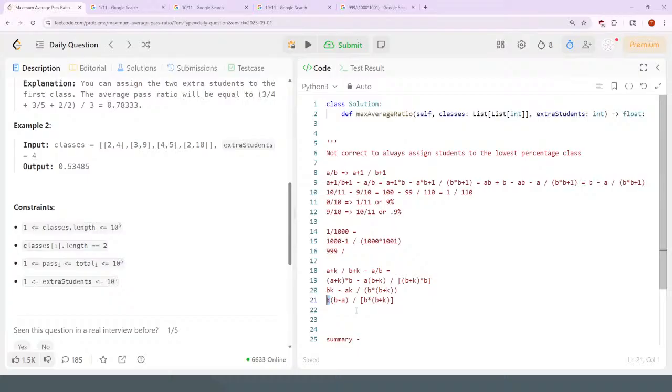That number of increase times the original difference in the numerator and denominator of the people in the class over the number of people in the class times the number of people in the class plus the new people. Huh.